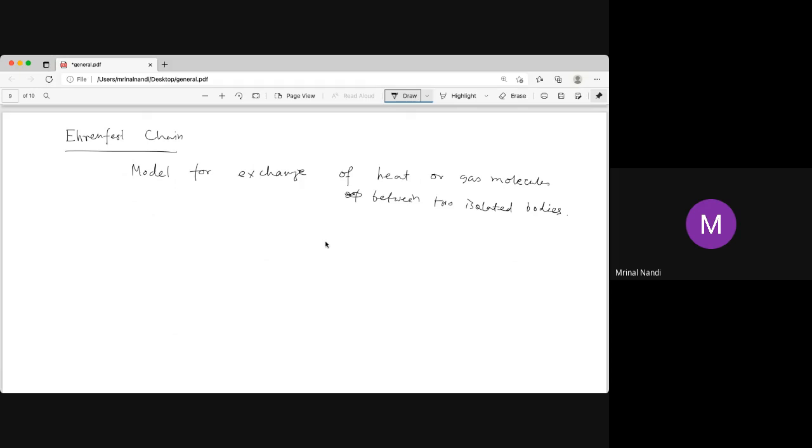This molecule or heat energy exchange is where the stochastic process came from.